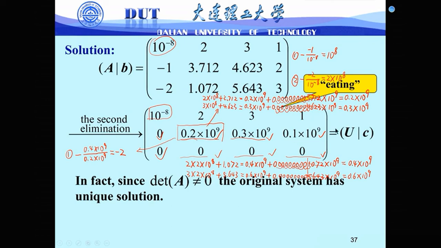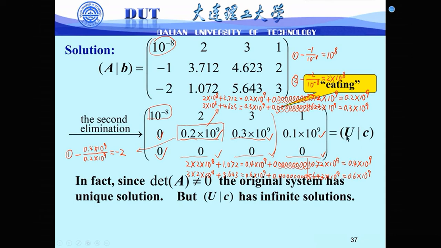However, by Gaussian elimination, we obtain U and C. You see, U is singular, because this 3 by 3 matrix U has 3 zeros in the third row. So the determinant of U is 0 now. Also this number in C is 0.